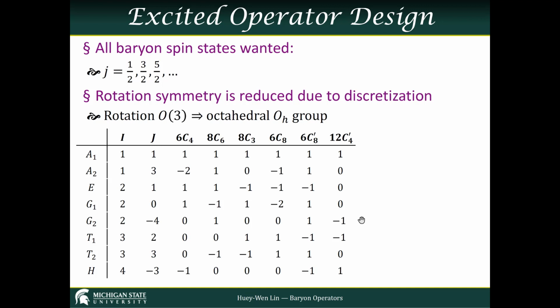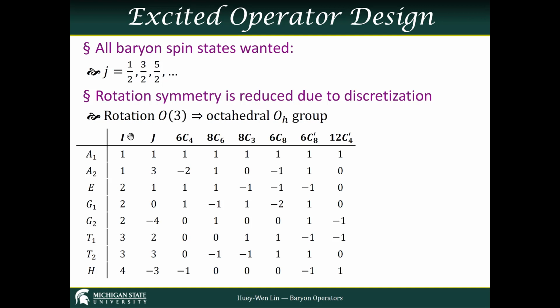What we have here is what's called the character table of the octahedral group. This is a really useful way of determining the properties of this group, and in particular, what its irreducible representations are. What this does is it organizes all of the members of that group into different sets. So for example, the first thing here is I. I is the operator that does nothing.